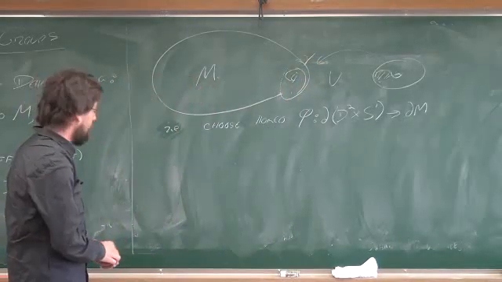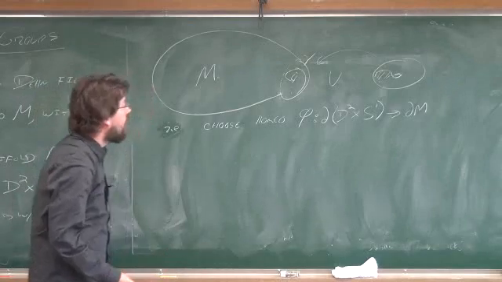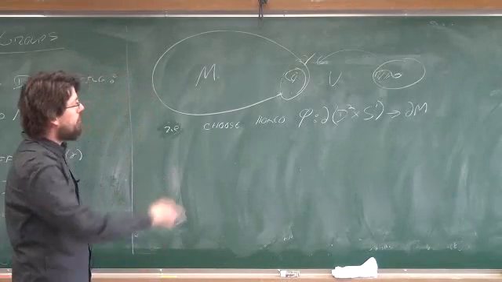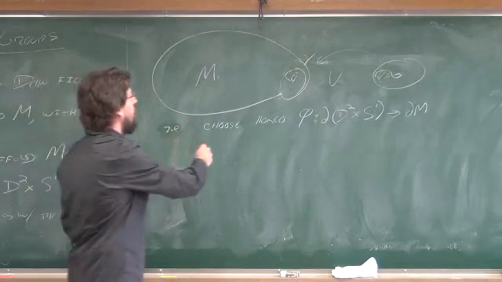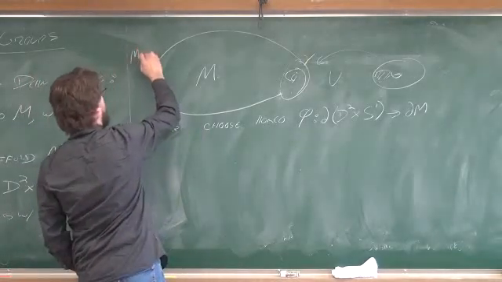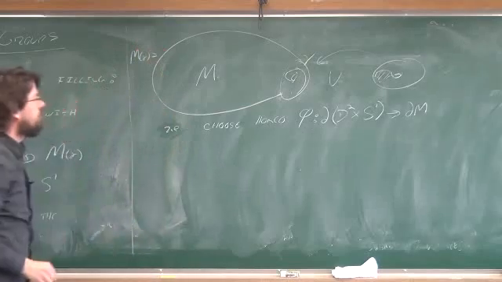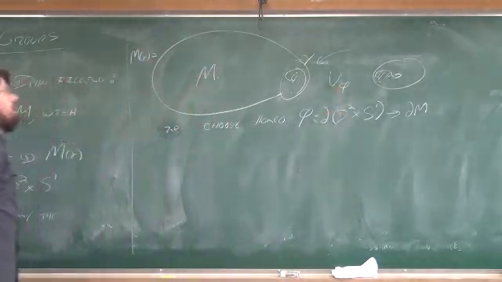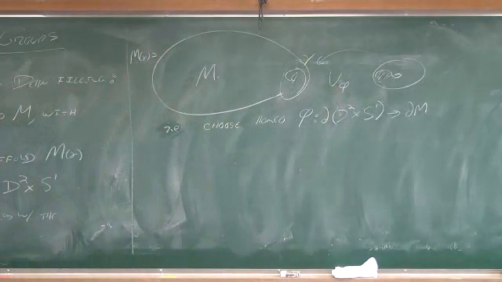So this M of gamma is going to be this union after I do the gluing. It's not obvious, but it is true that the homeomorphism type of M of gamma depends only on that yellow curve gamma.